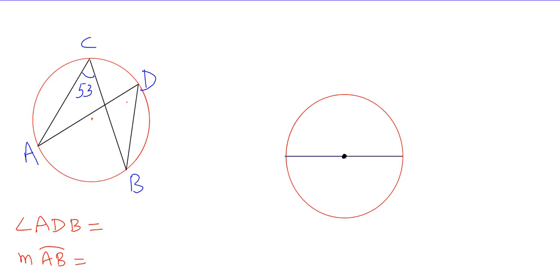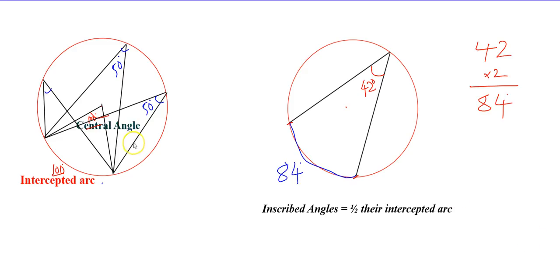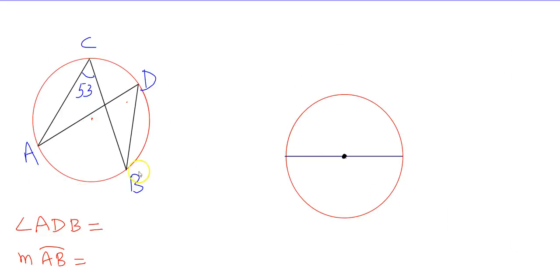Like we have seen in the previous slide, the inscribed angle is always half of the intercepted arc. Here if 100 is the intercepted arc, 50 degrees is the inscribed angle. In this example, if 42 degrees is the inscribed angle, the intercepted arc is 84. So in this problem, I have 53 degrees as the inscribed angle.